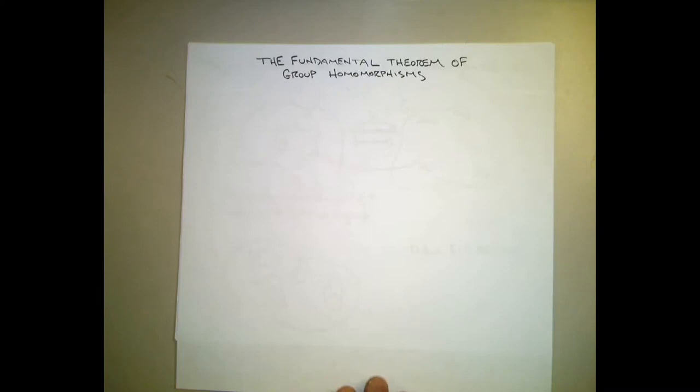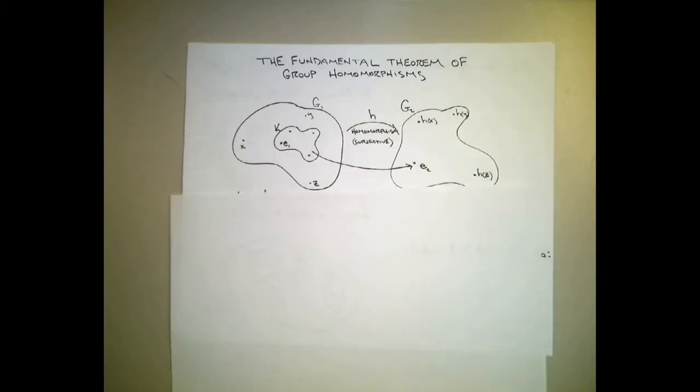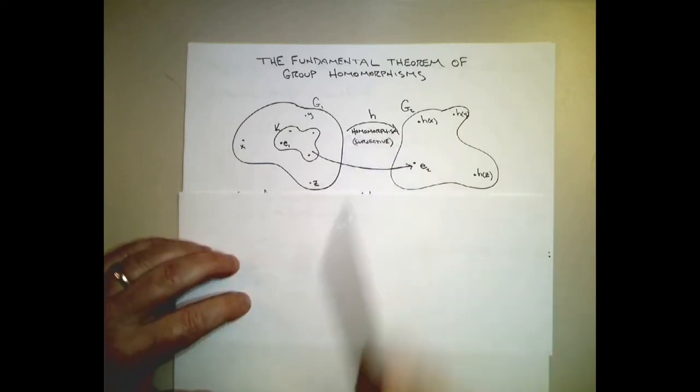Let's go to the whiteboard. To set the stage for the fundamental theorem of group homomorphisms, we're going to start with two groups, G1 and G2, and we're going to assume that we have a homomorphism that takes G1 to G2.